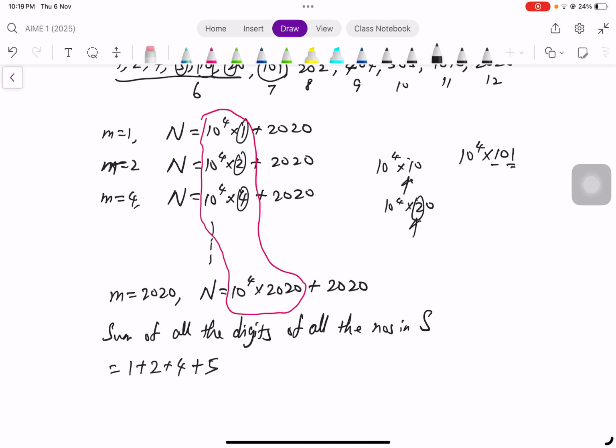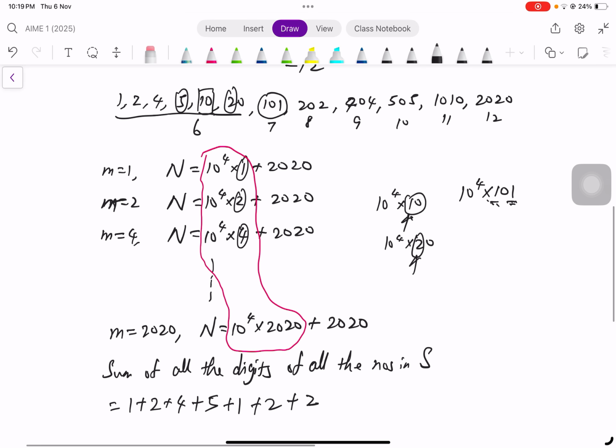When it comes to 10, it counts 1 only. When it comes to 20, it counts 2 only. And 101 counts 2.